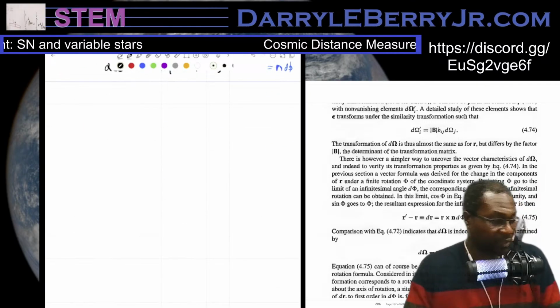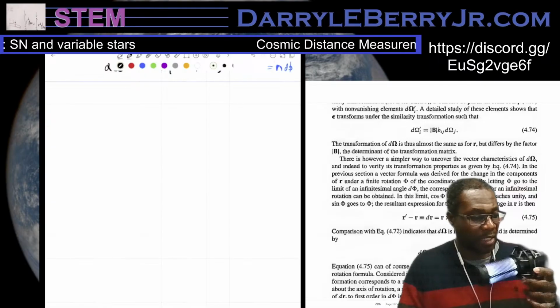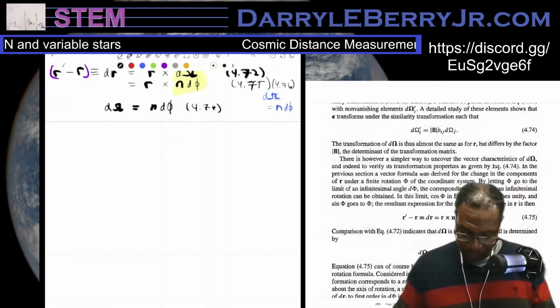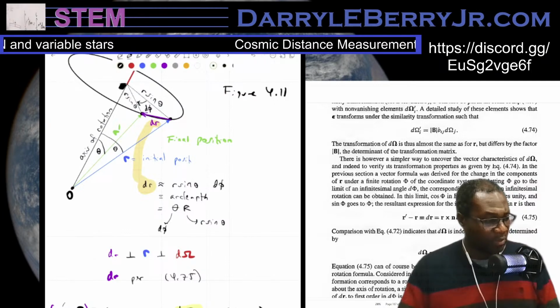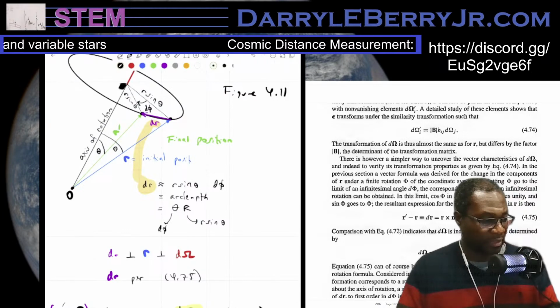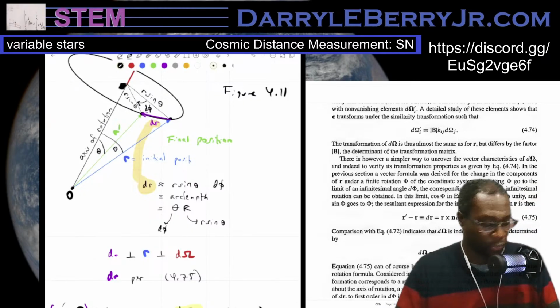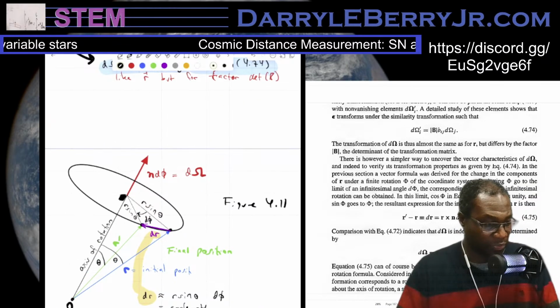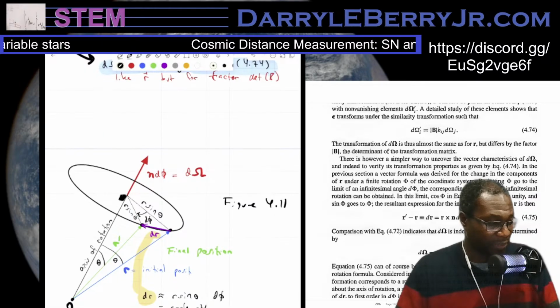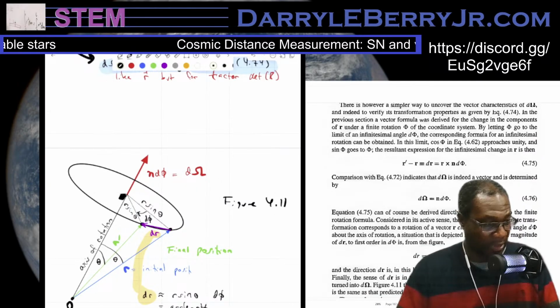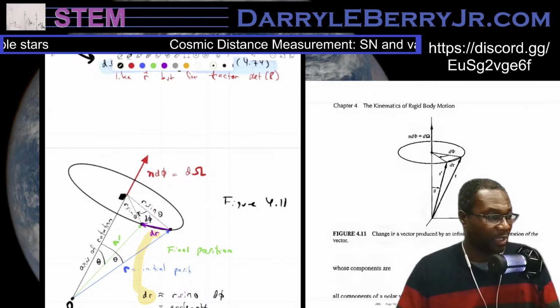Equation 4.75 can of course be derived directly without recourse to the finite rotation formula. Consider, in its active sense, the infinitesimal coordinate transformation corresponds to a rotation of a vector r clockwise through an angle d theta, that's the image I drew, about the axis of rotation, a situation that is depicted in figure 4.11.